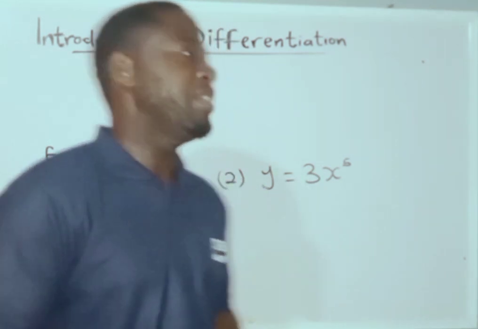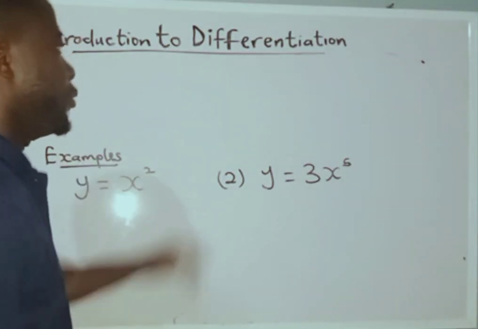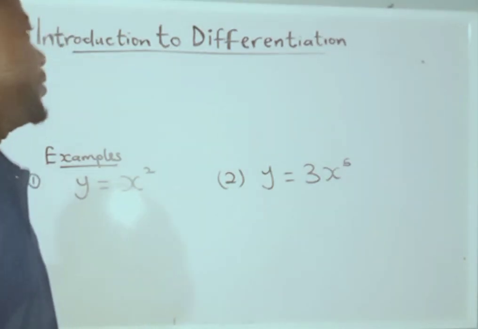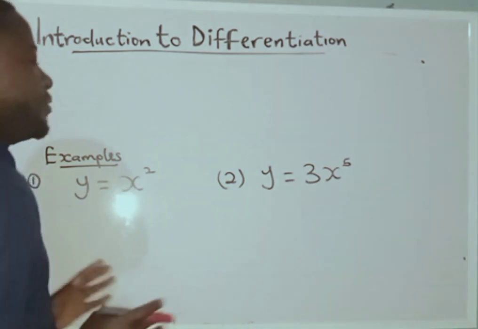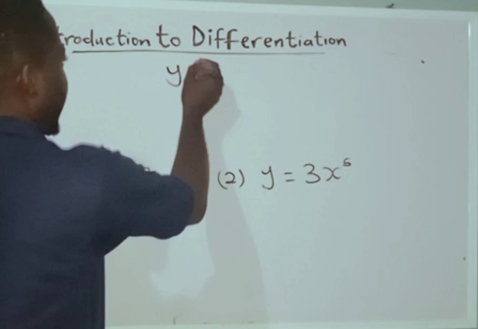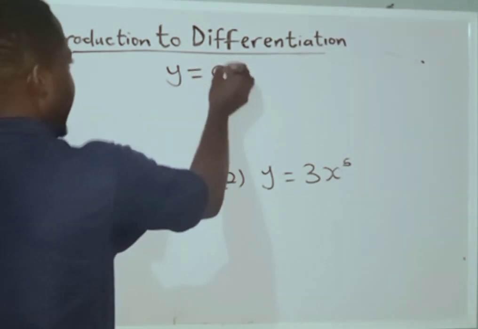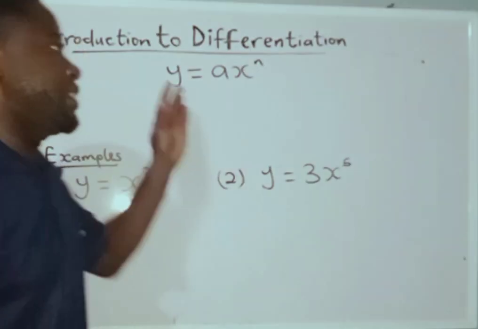In today's class, we shall be introducing ourselves to this topic, which is known as differentiation. Now, talking about differentiation, for any given function, let's say you are given y equals ax raised to the power n, and you are asked to differentiate this.